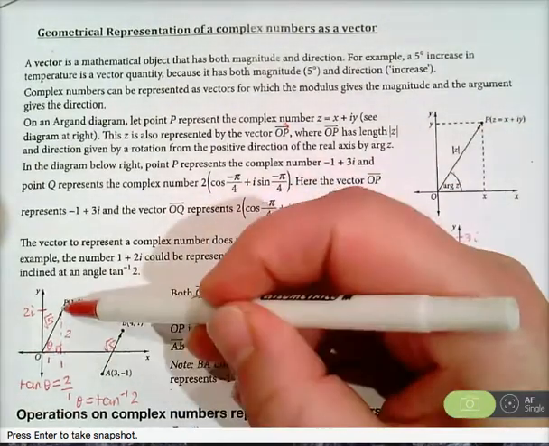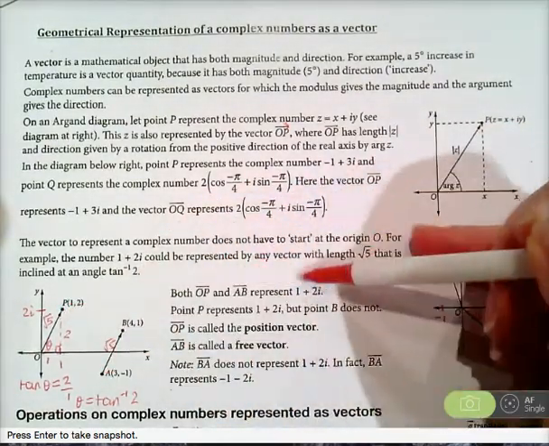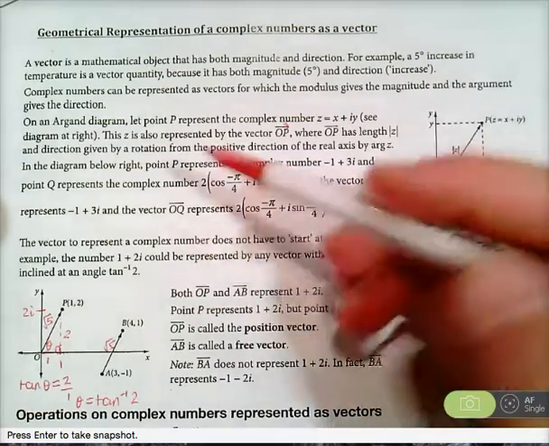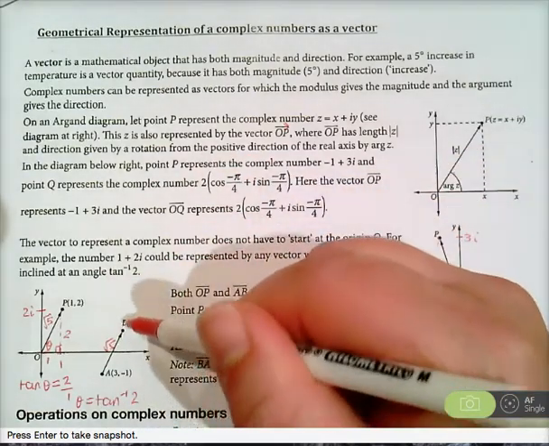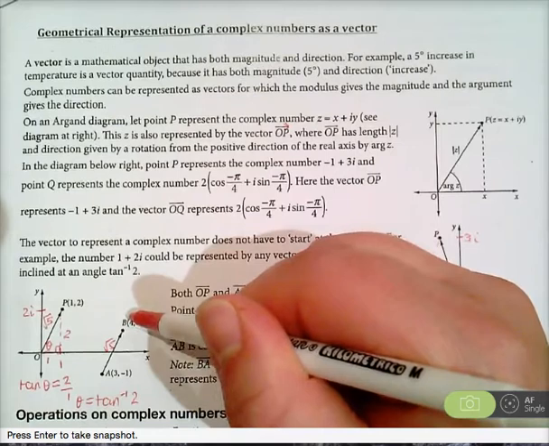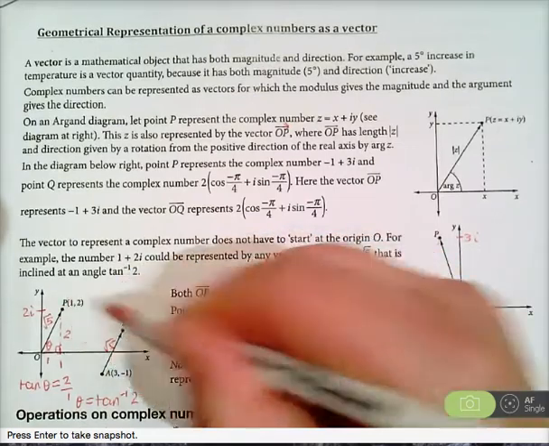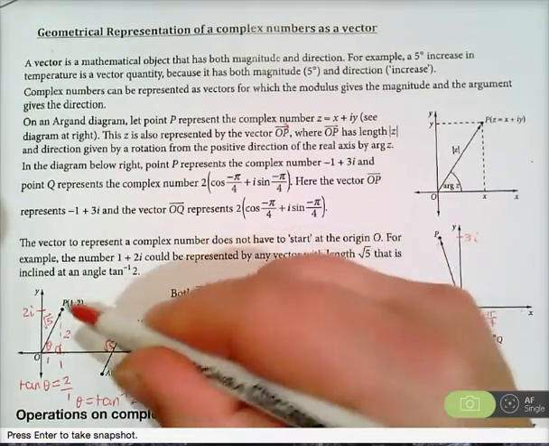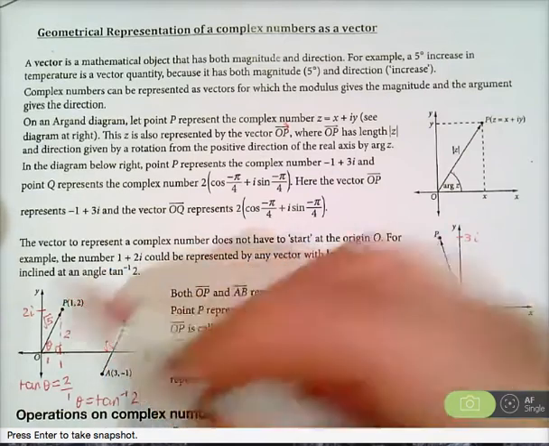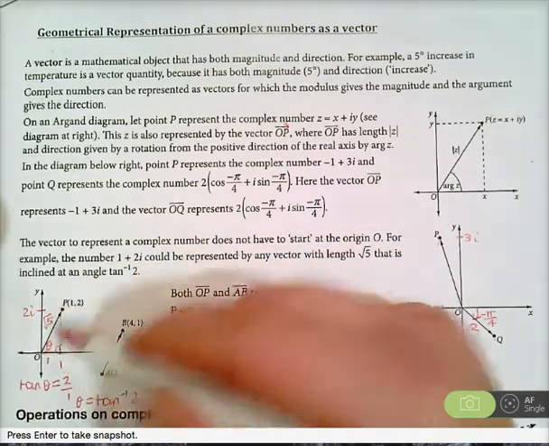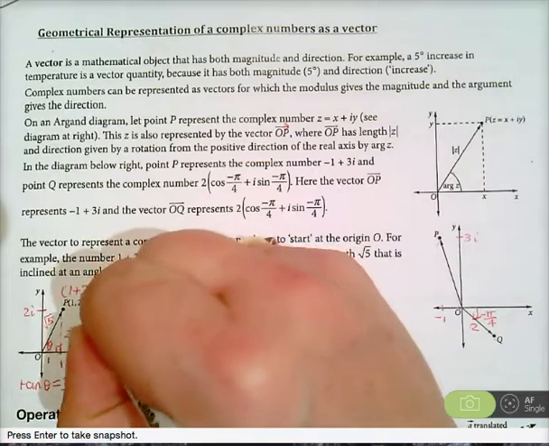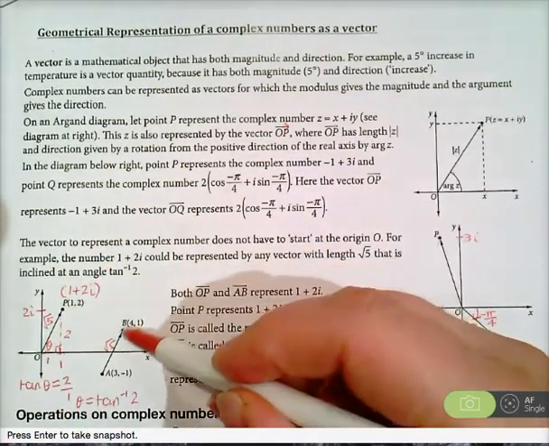So both the vector OP and the vector AB represent 1 plus 2i, but point B does not represent the point 1 plus 2i. However, point P does, because it starts at the origin. So point P is the complex number 1 plus 2i, but point B is not.